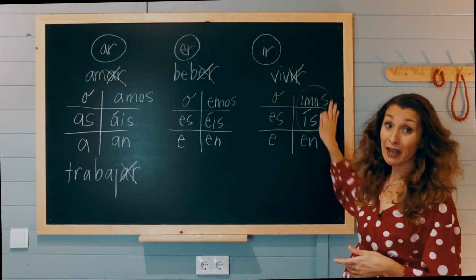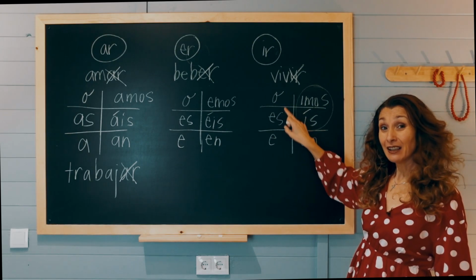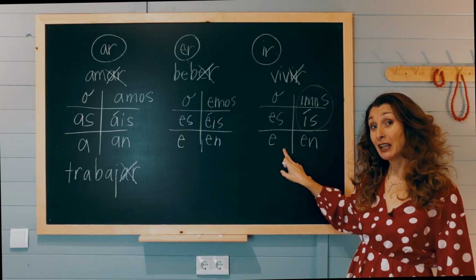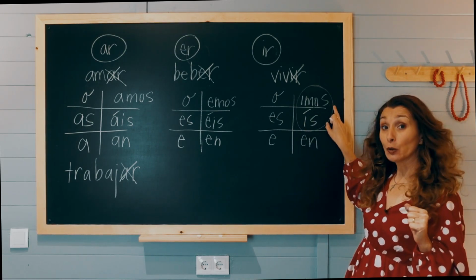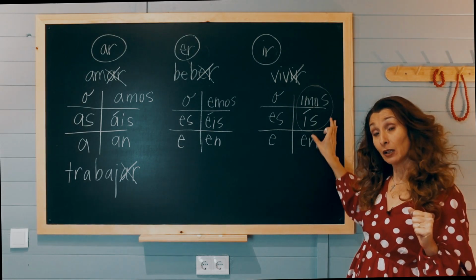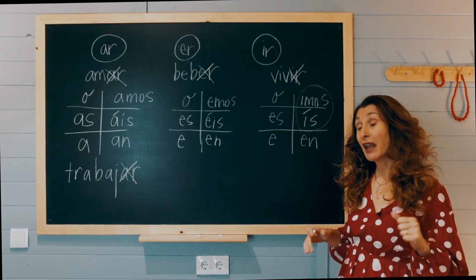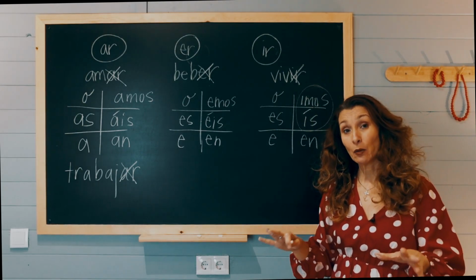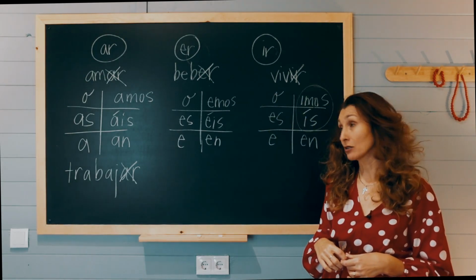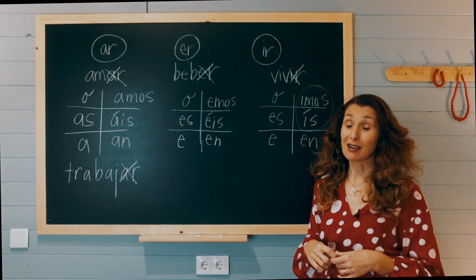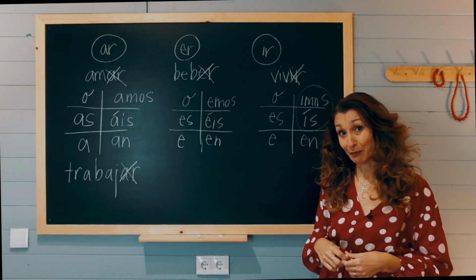That's why I swear by the grid, because just visually you know that this is I, this is you, and this is he, she, or in Spanish, usted, okay? And you know that the right-hand column is plural, so it's we, you, and they, okay? And all you have to do to start with is just repeat the grid, repeat these conjugations, and just sort of engrave them in your memory, okay?